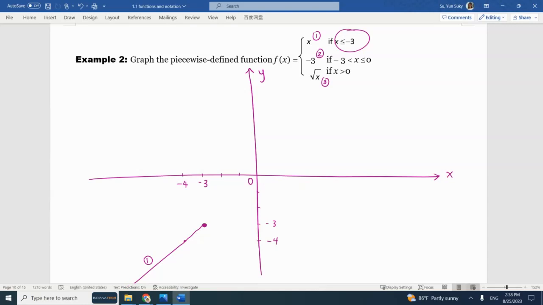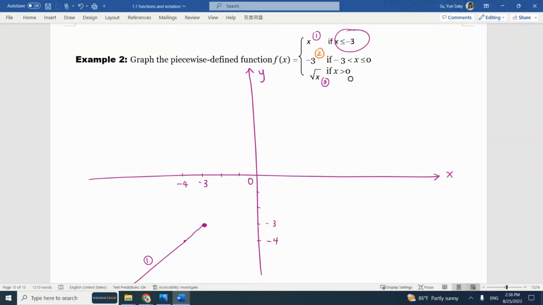Is that okay, everybody? Let's draw the second piece. And look at the left. So x is from negative 3 to 0, right? And the y coordinate is always negative 3. Do you see?